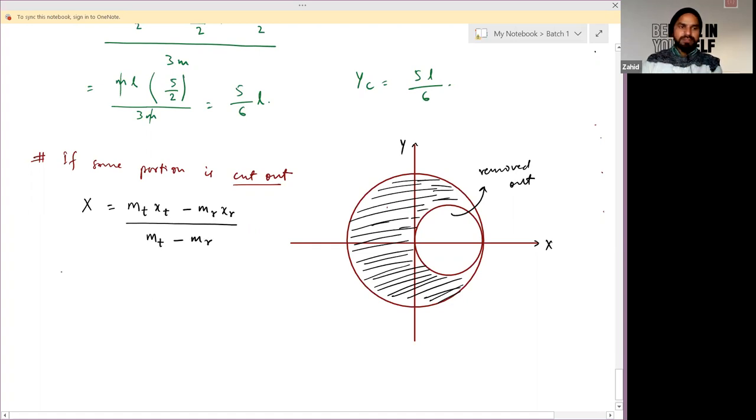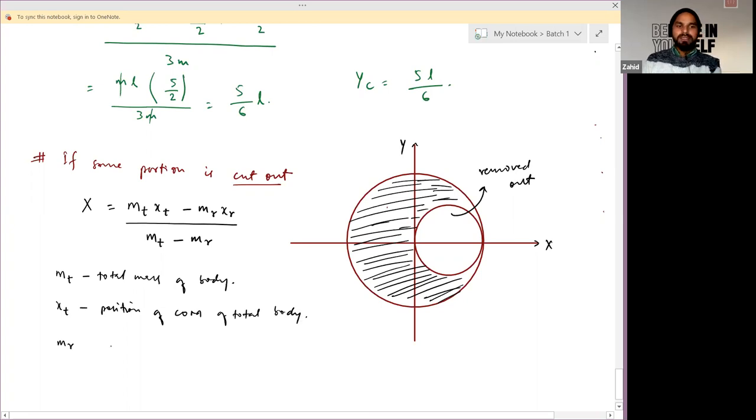I'm defining each term. MT is the total mass of the body without the cutout portion. XT is the position of center of mass of the whole body.